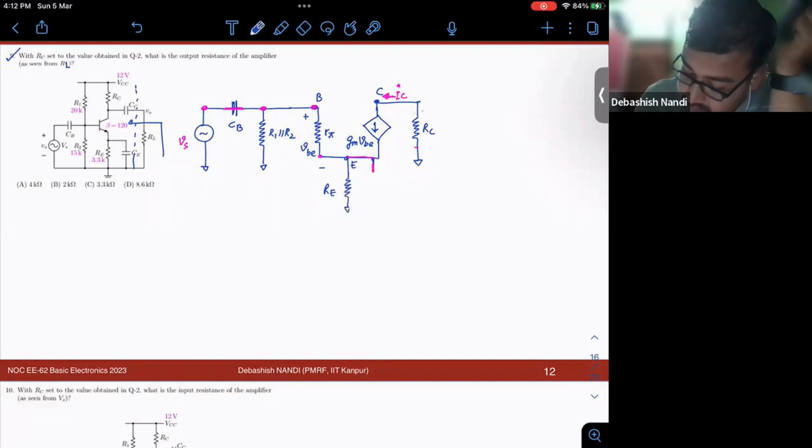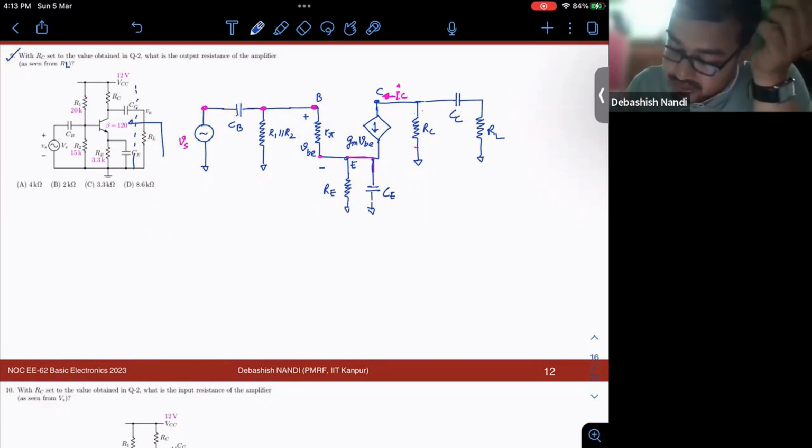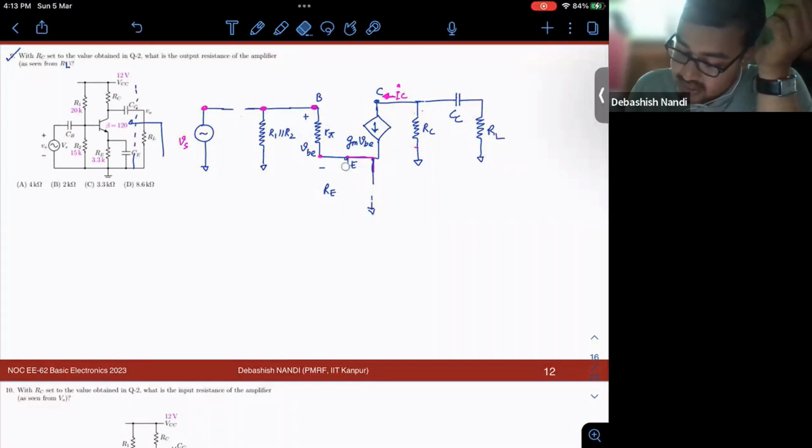So this is my RE, this is my CE, this is my RL. Right, this is my CC. Again, I will assume that my capacitances are such that the omega C is much higher and my equivalent circuit looks like this.